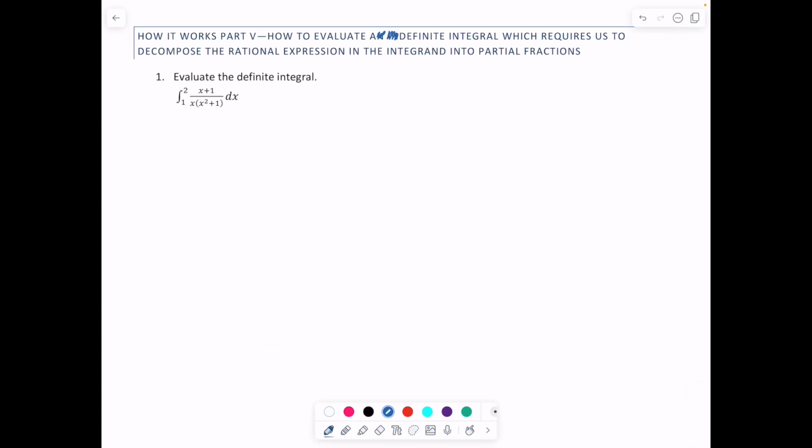So let's look at our partial fraction decomposition of this one. We will have x plus 1 over x times x squared plus 1.